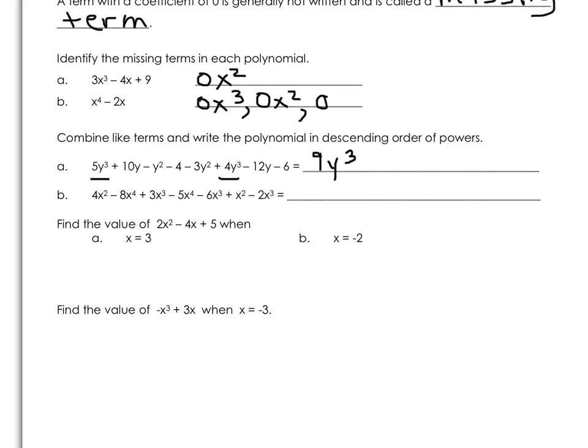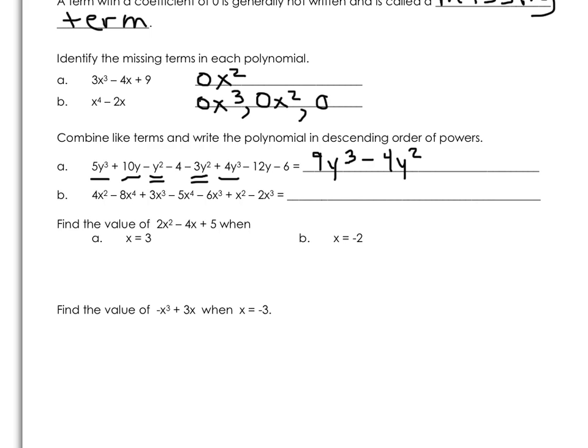That is our largest exponent. Our next largest exponent is y squared. I'll put a double line under the y squared terms because they're like terms. I need to combine them, so I have minus 4y squared. What about y?